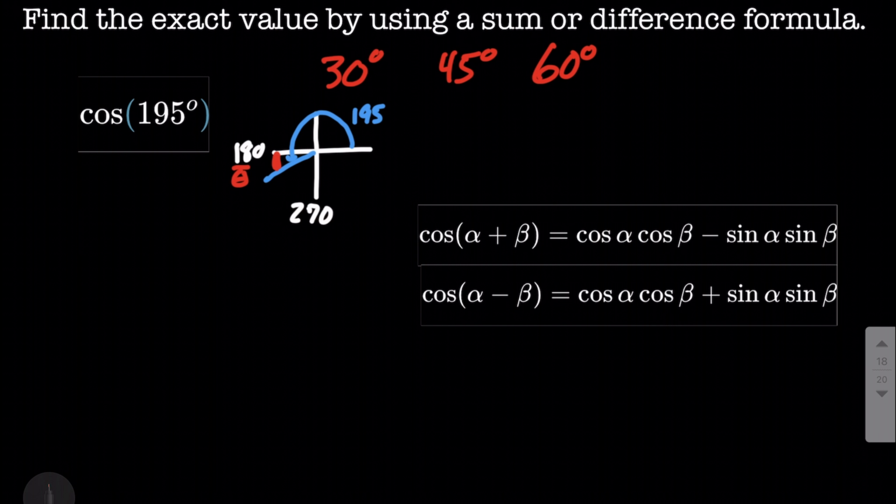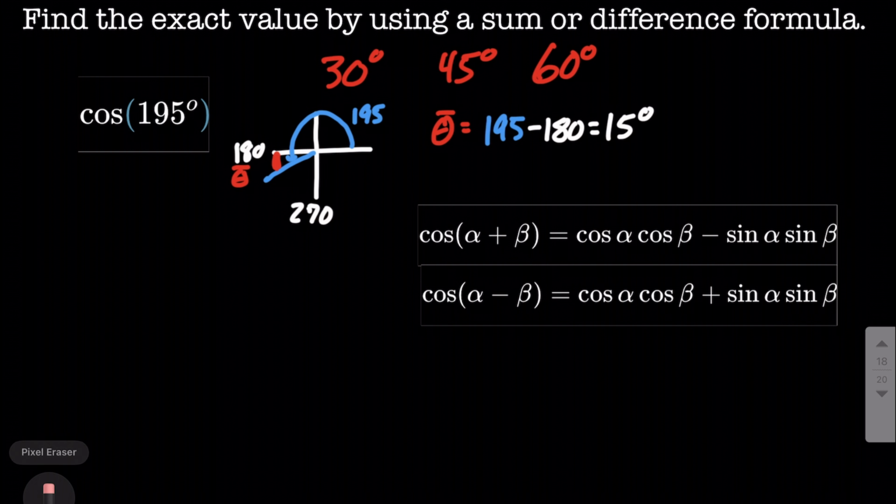Let's go ahead and calculate that theta bar. So theta bar will be, you'll take the longer angle going around, 195, and you'll subtract away the shorter side, the 180. And this works out to be 15 degrees. All right, so we'd like to replace 195 degrees with 15 degrees.